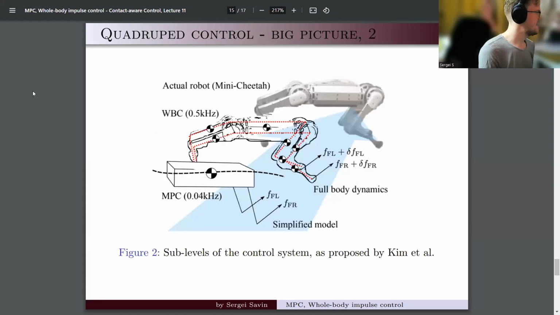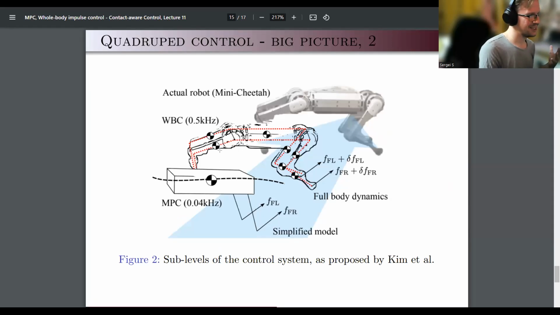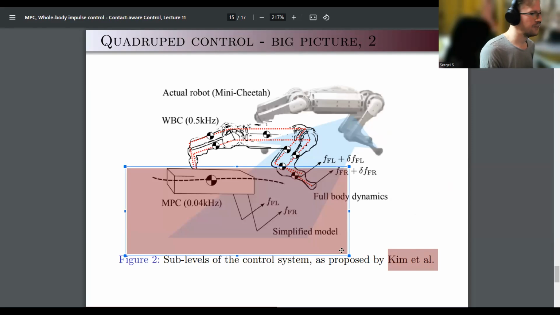To stay on topic of the spirit of the proposition that we studied today, and the proposition is again by Kim and co-authors, we do MPC on a very much simplified model, the potato model, we call it.